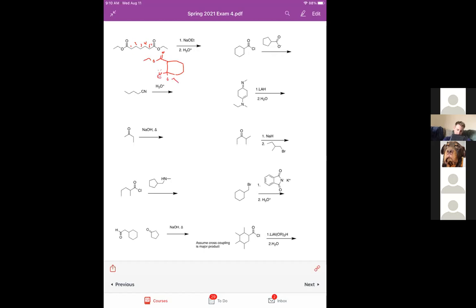Close our ketone, kick out this ethyl group to make our final product. CN with H3O plus goes back to a carboxylic acid.